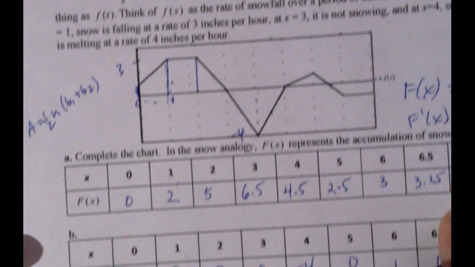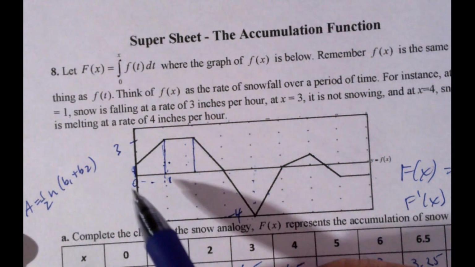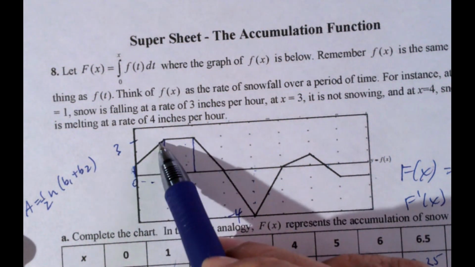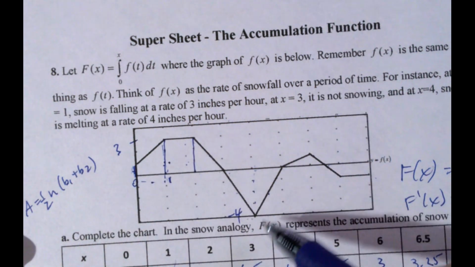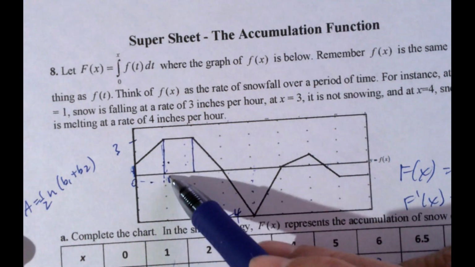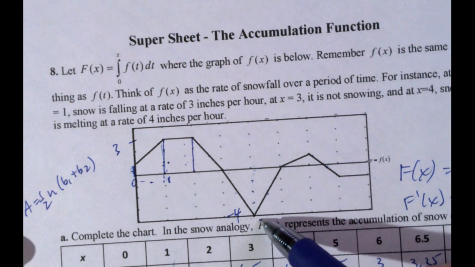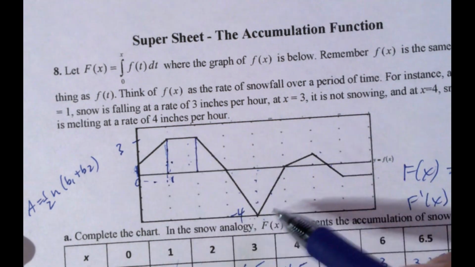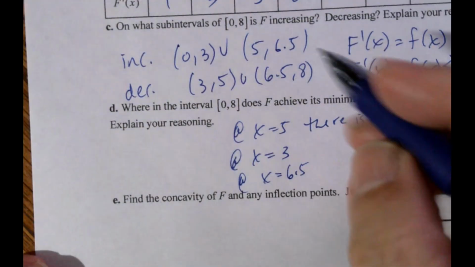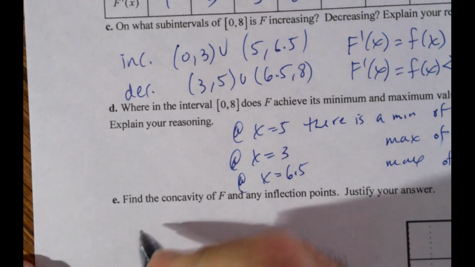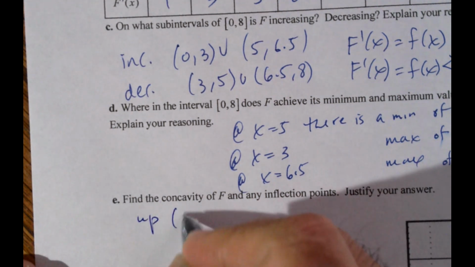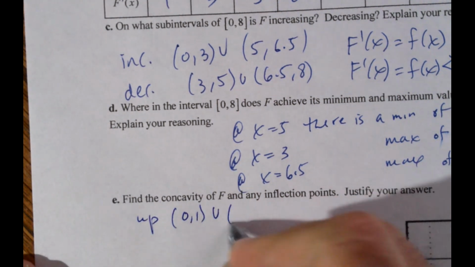So concavity, it's concave up when the slope is increasing. So it's increasing from 0 to 1, and from 4 to 6. So 0 to 1 and 4 to 6. All right, so it's concave up from 0 to 1 and 4 to 6.